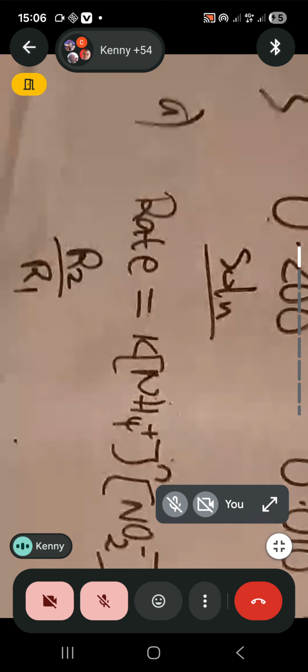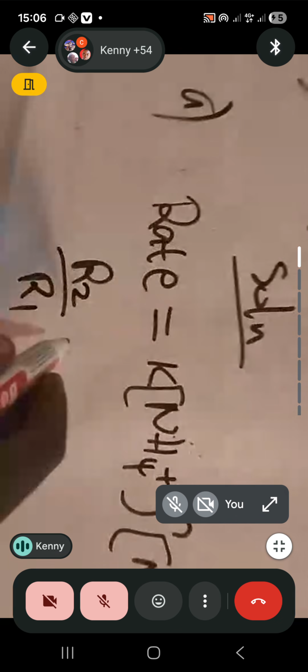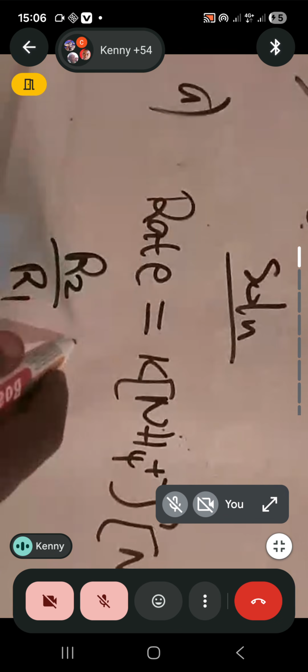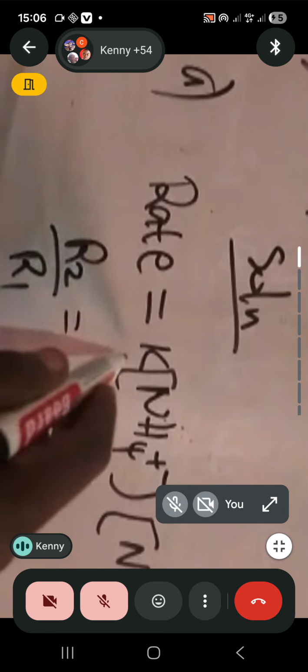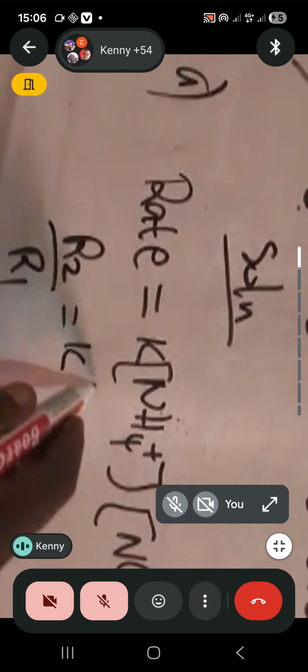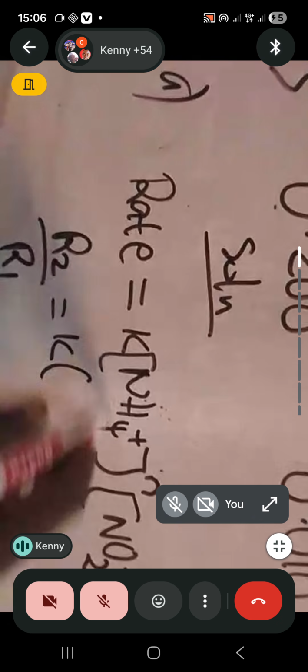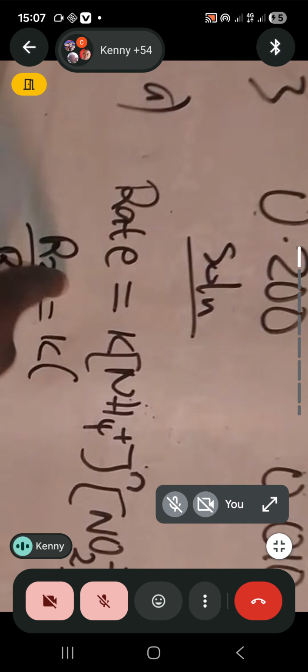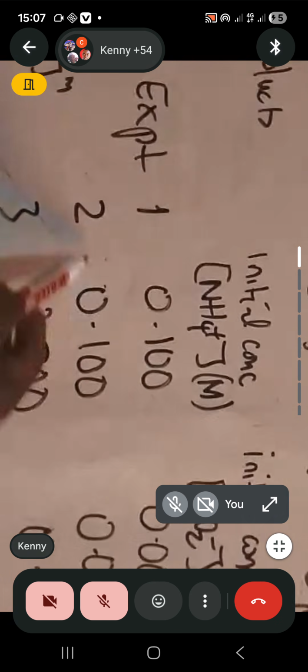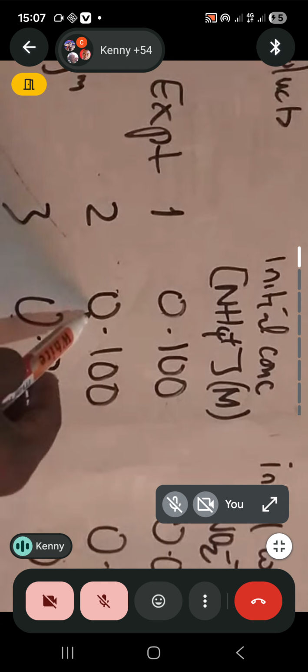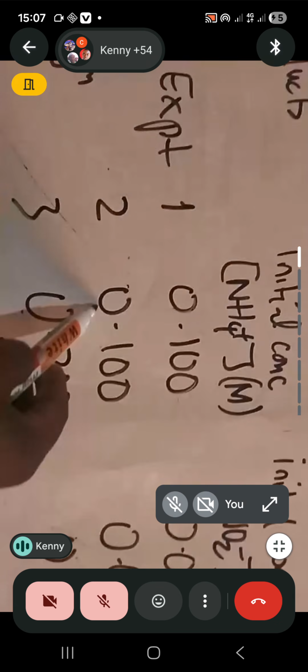Okay. So now we are going to say rate 2 over rate 1, which is equal to K, then our concentration of NH4. We are looking at rate 2, so rate 2 is this line here, experiment 2. So the concentration of NH4 is 0.1.